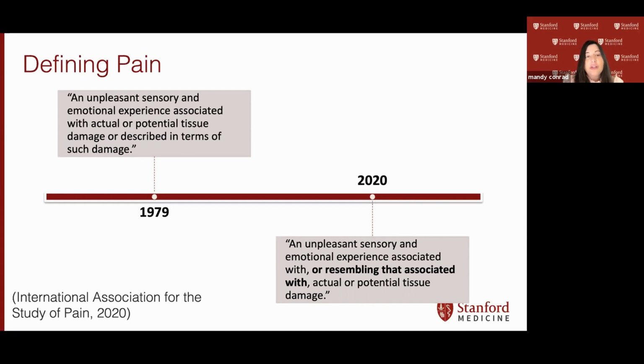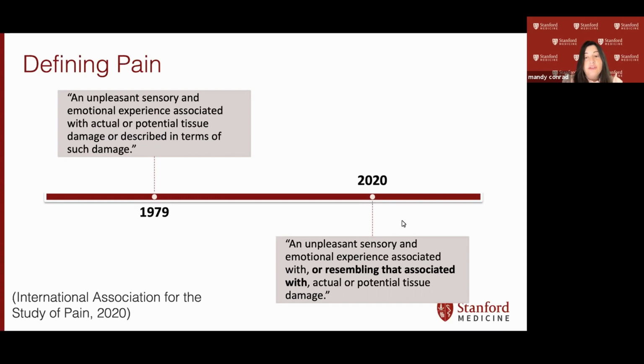If you look at this old definition, some of the critiques were, if you see the word, let's see, where is it? Described. So, "described in such terms of such damage." The critique of the old definition was that it placed too much emphasis on verbalizing and expressing your pain. So they wanted to make some changes.